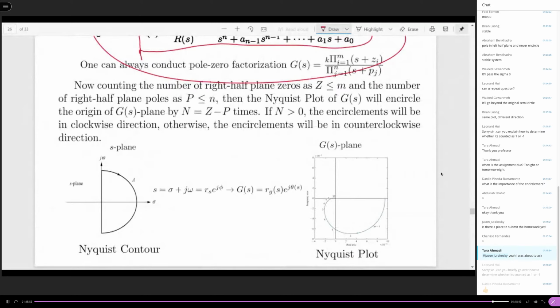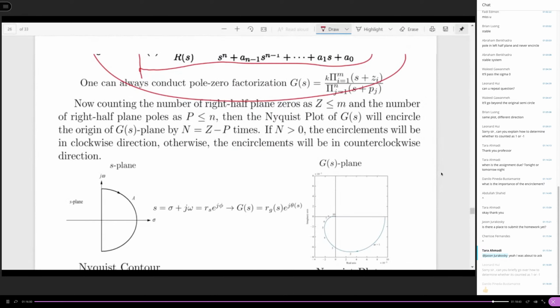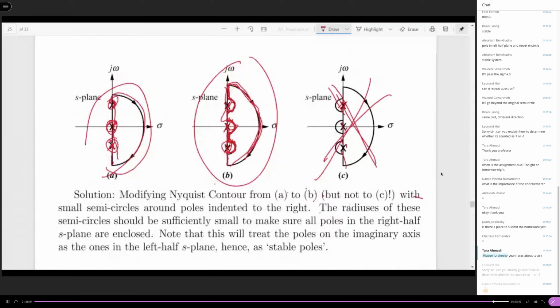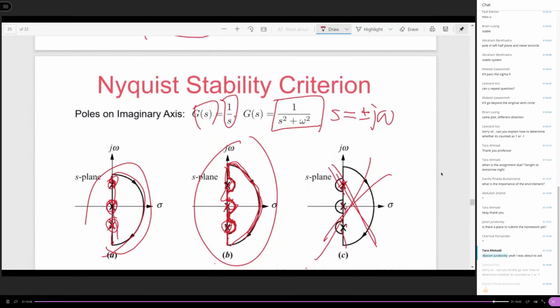But at this moment today, you have to have a solid understanding of how this evaluation of the Nyquist plot is going to be done, for the pole-zero evaluation, the left plane or right plane. You have to have a solid understanding of this procedure.